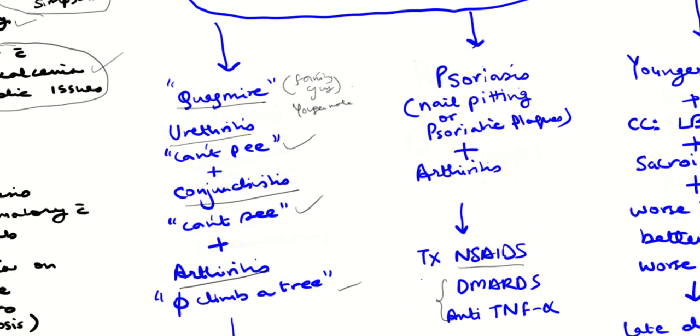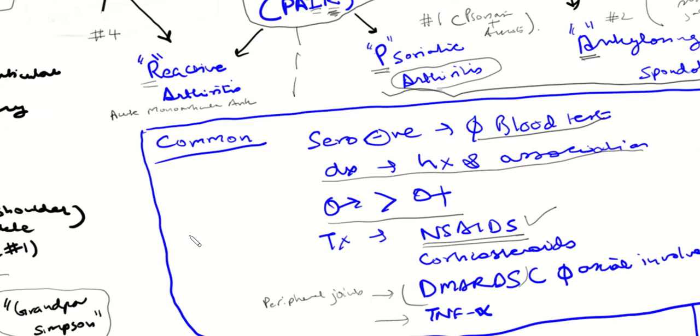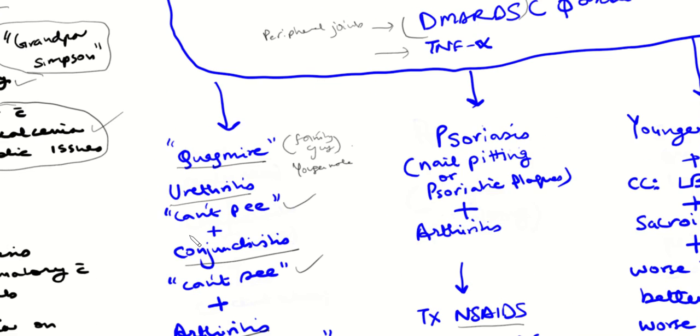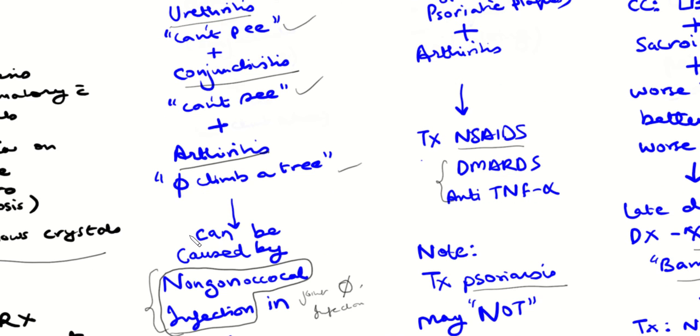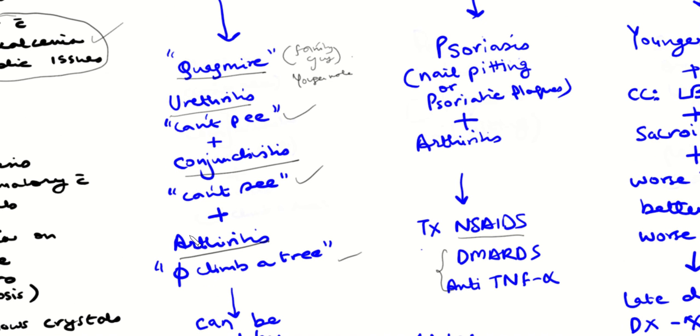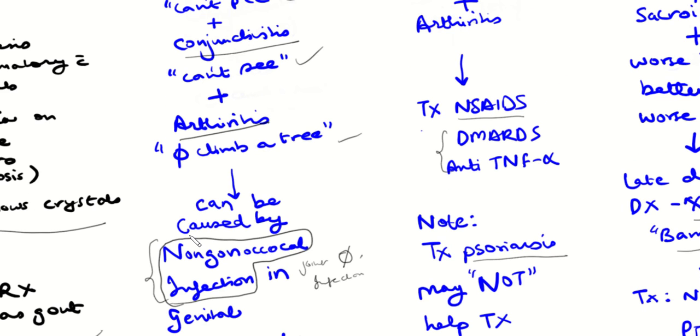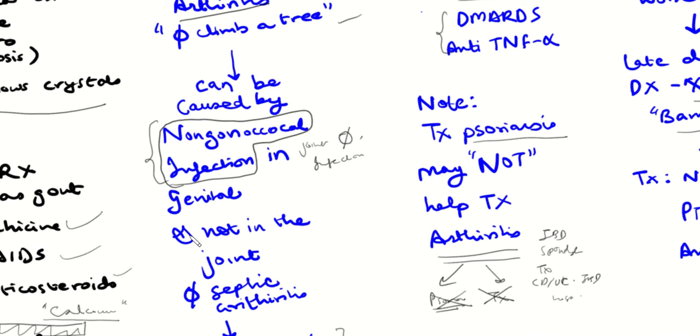The odd one out is reactive arthritis. So can't pee, can't see, can't climb a tree. So you have urethritis, conjunctivitis, arthritis. Again, they come in. How do you treat the arthritis? Once diagnosed, when we aspirate the fluid, it's inflammatory, so it's not septic.